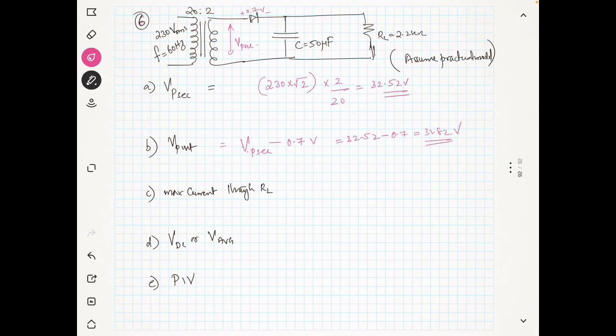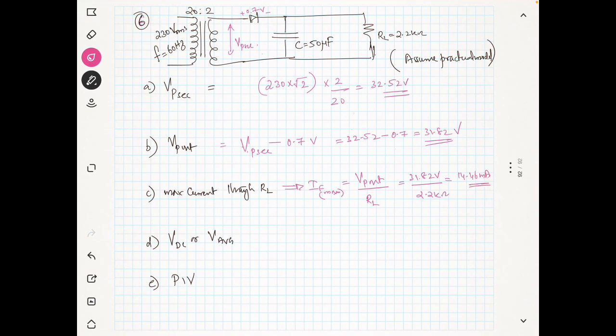Now the maximum current through the RL, which is the IF, is nothing but the maximum output divided by the RL. So 31.82 volt divided by 2.2 kilo ohm, which is equal to 14.46 milliampere.